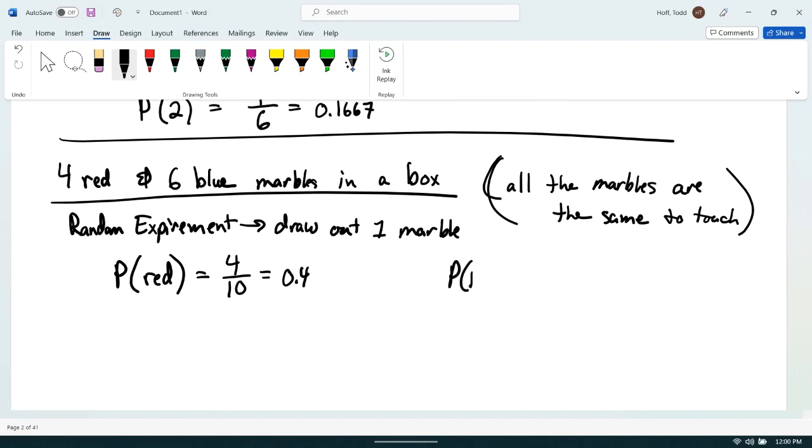Probability of drawing out a blue marble. There are 6 blue marbles out of 10. So 6 out of 10, or a 0.6 probability. So it's really that simple. It's a matter of counting how many marbles meet the condition we want out of how many total marbles are there. So let's look at a little bit more complex experiment.